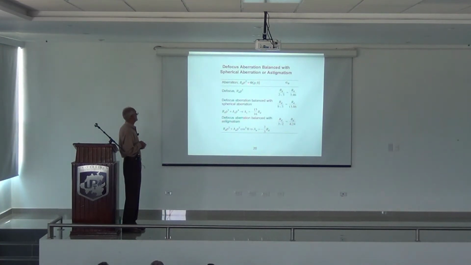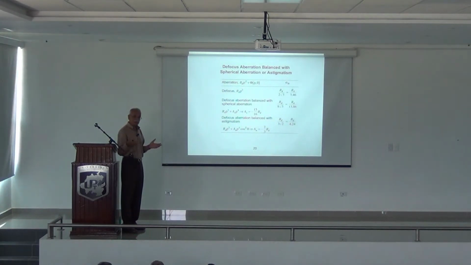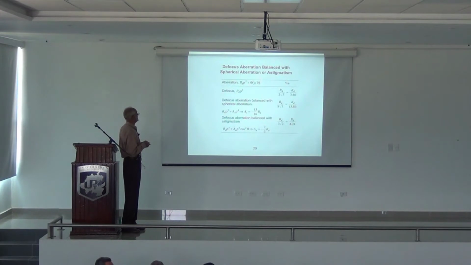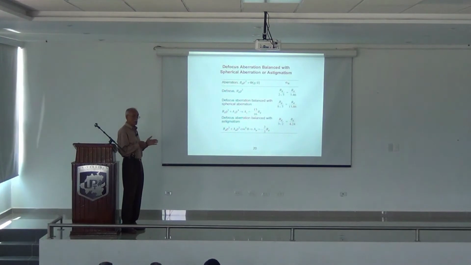Here, I consider the defocus aberration. Where is the defocus aberration coming from? Because I am making an observation in a plane other than the focal plane. I add a certain aberration to it. What aberration do I add? Spherical aberration. Where is the spherical aberration? Carolina, as you know, wrote it before.